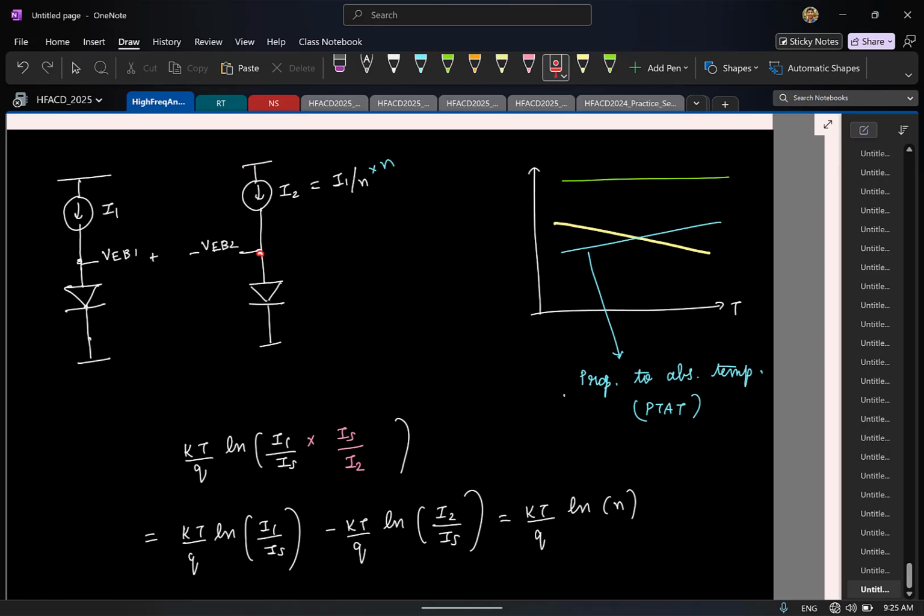Which means if this voltage should not change, what should I do here? I'm putting N current sources in parallel. I don't want to disturb this voltage, so what should I do here also? Remember, how did we scale circuits?